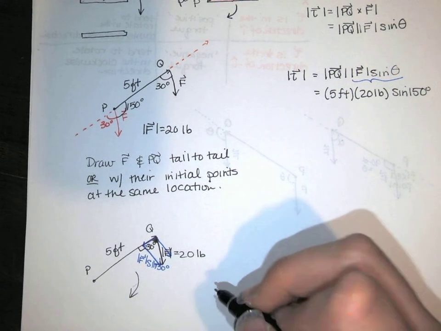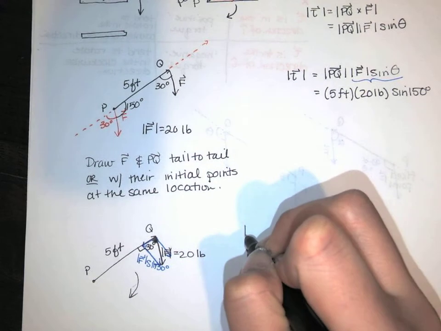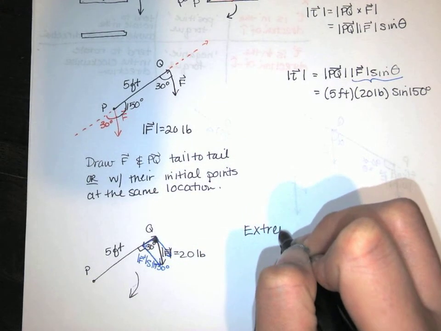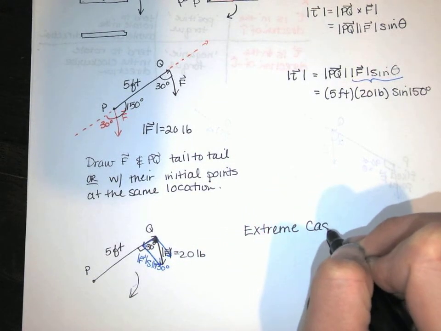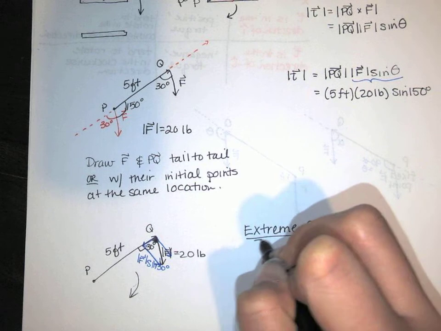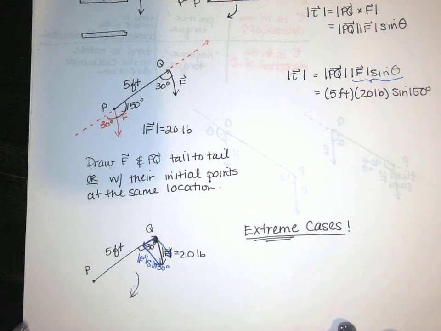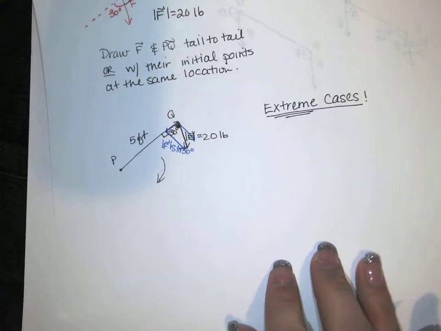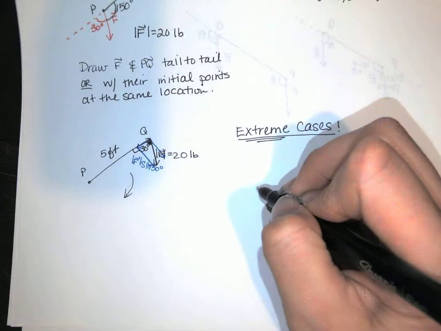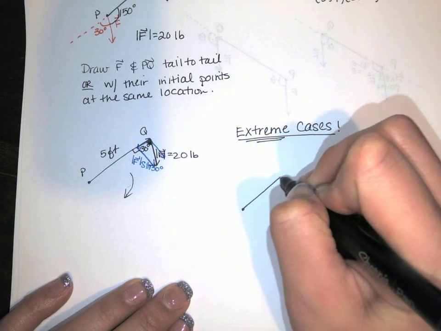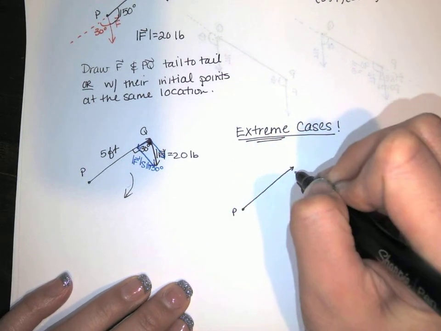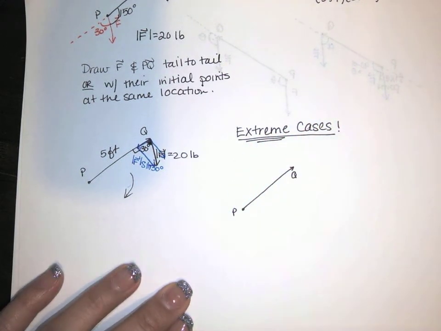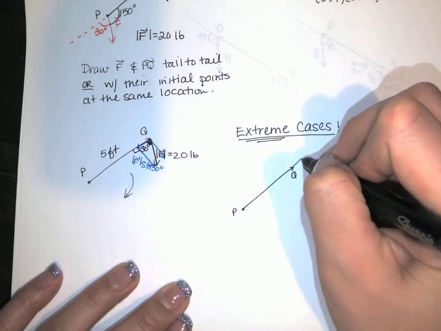So let's think of an extreme case, a couple of extreme cases. Or actually 3 extreme cases. All right. So let's say this is our moment arm. It's still 5 feet long. There's P and there's Q. And I apply a force this way, so I'm sort of pulling on it.